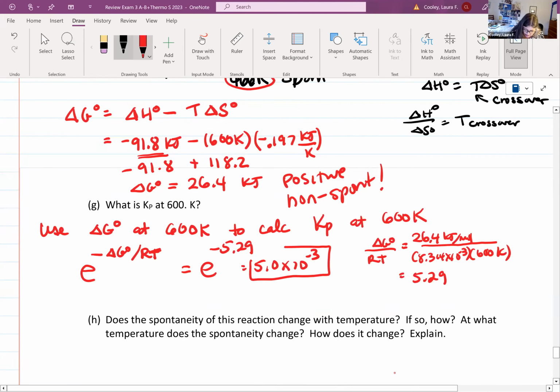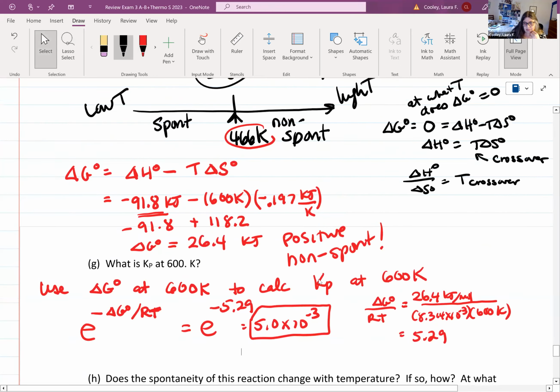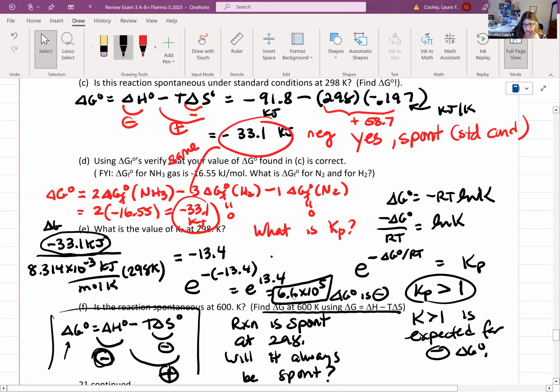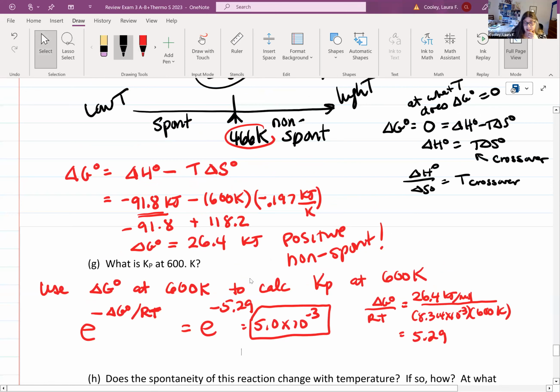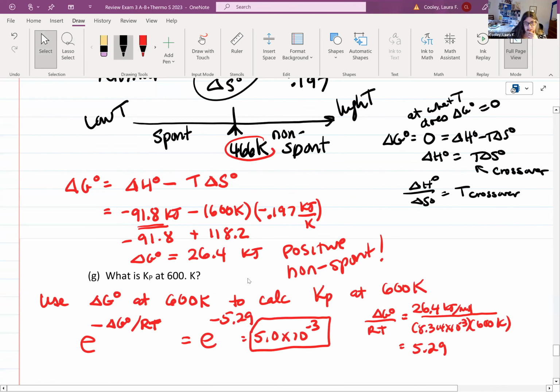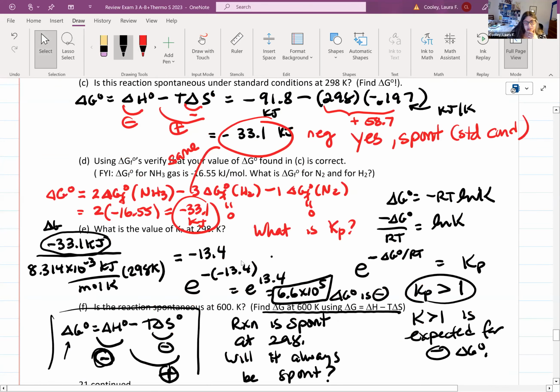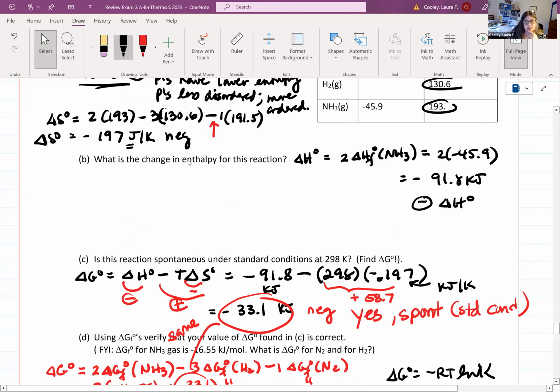So you can see that changing the temperature had a huge effect on the equilibrium of this reaction. It went from being 6.6 times 10 to the 5th, really favoring the products at 298, to really favoring the reactants. That's because the reaction has a negative delta S that we figured out up here.